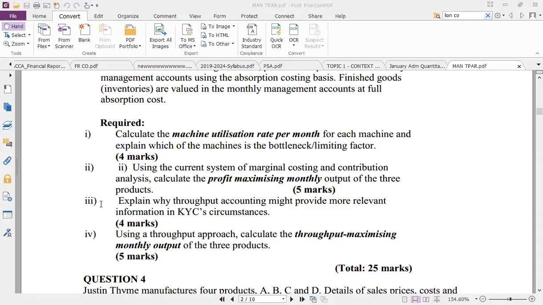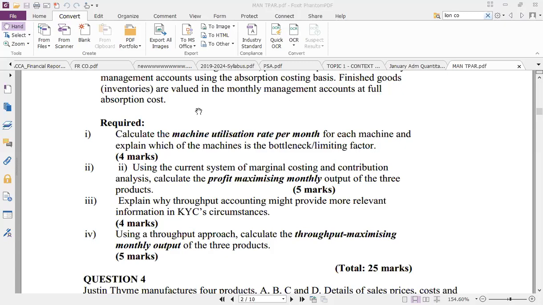Then, explain why throughput accounting might provide more relevant information in the company's circumstance. Maybe the company is a manufacturing company. So why would the throughput accounting ratio be more relevant?